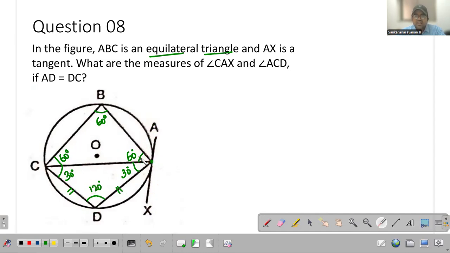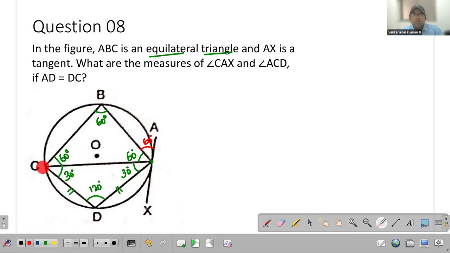So this 120 can be switched to here. Please note this full measurement has to be 120 degrees. But I have already marked 60 degrees over there. So the remaining I can comfortably mark as 60 degrees. Here it is 60 plus 60, 120. That 120 is switching to this 120 here. Alternate segment theorem concept. Okay.